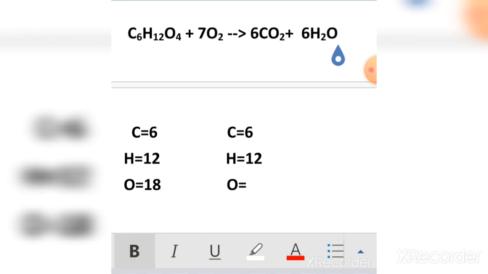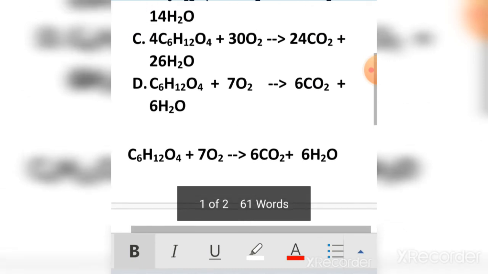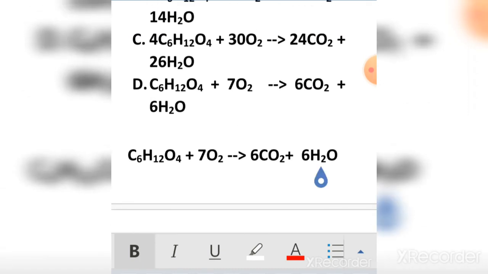So 12 plus 6 is 18. So they are already balanced. The number of atoms in the reactants are equal to the number of atoms in the products. Then this is the correct balanced chemical equation. And from the given choices, it is C6H12O4 plus 7O2 yields 6CO2 plus 6H2O. So it's letter D, the correct answer.